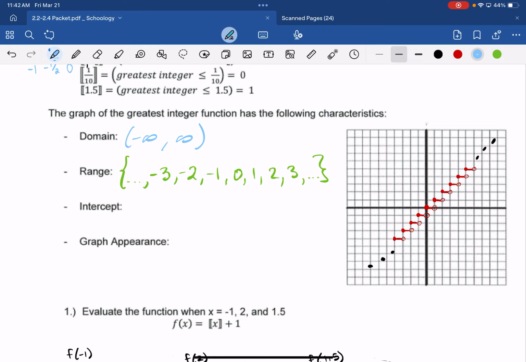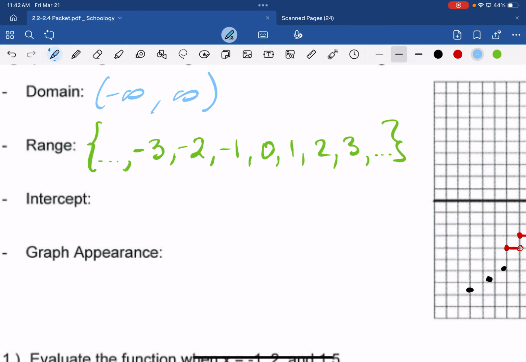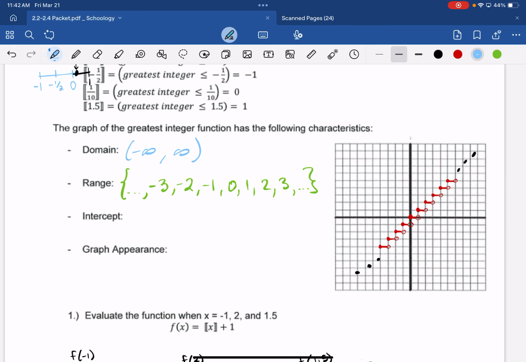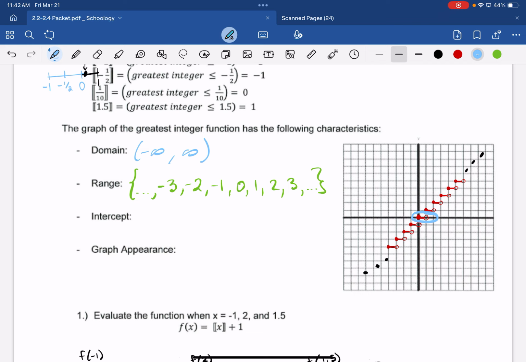My intercept here, this one's tricky. When we think about intercept, okay, we're looking right here. And if you notice, I'm going to say 0, 0 right now, but really that 0 is symbolizing any or all the numbers in the interval 0 to 1.